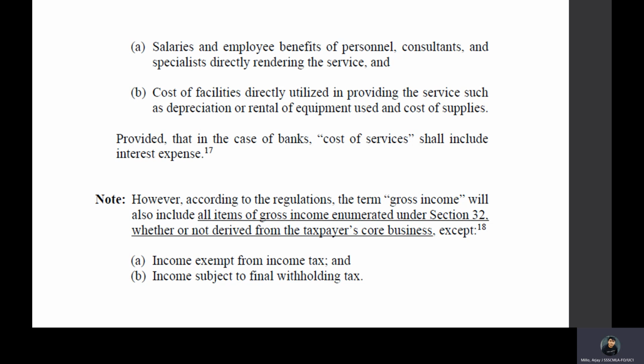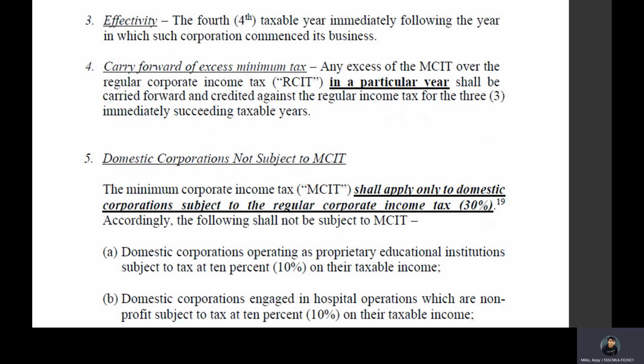Pero when it comes to expenses naman, only those directly registered or directly related dun sa business ni company yung allowable expense. So kasama dyan yung mga income exempt from income tax and income subject to final withholding tax.